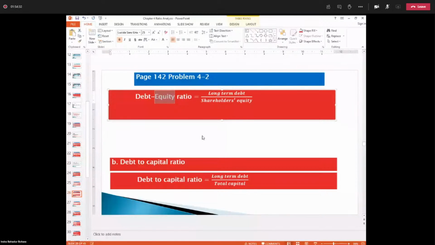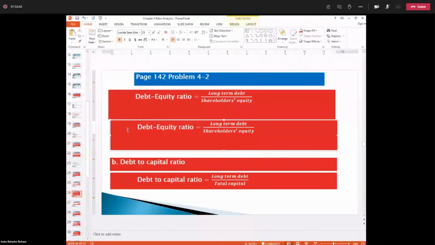Long-term debt falls under the long-term debt category of the balance sheet. So in working note, you calculate long-term debt.